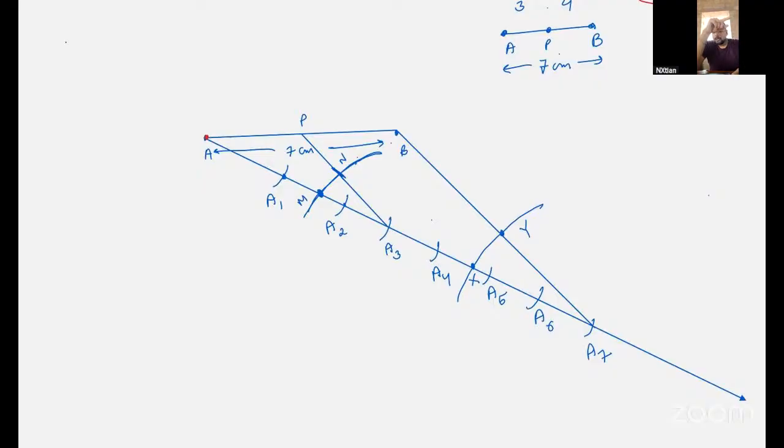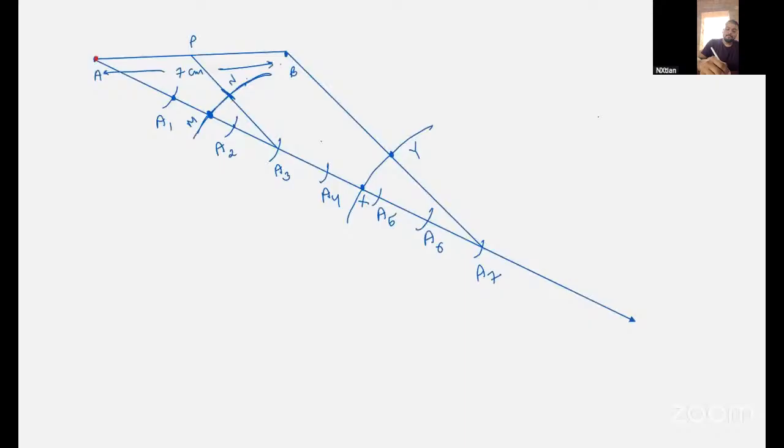Second point is draw an acute angle of any measurement from A. Name that ray as AZ. So you make this point also Z. You can write it down here, Z. Of any measurement, and name that ray AZ.